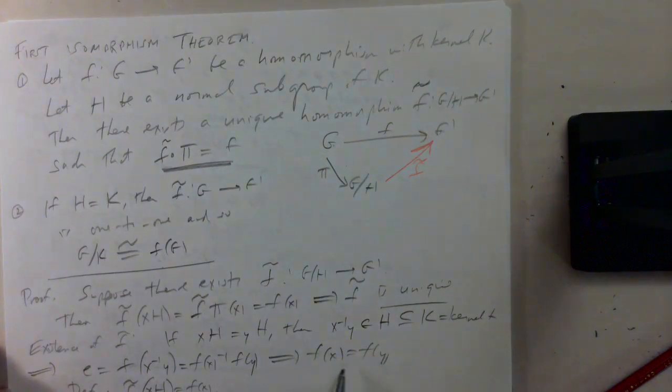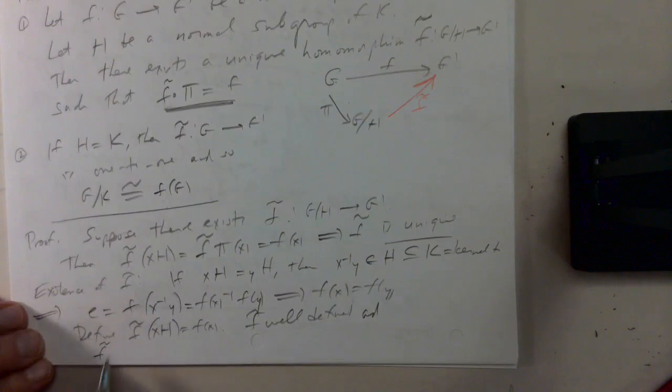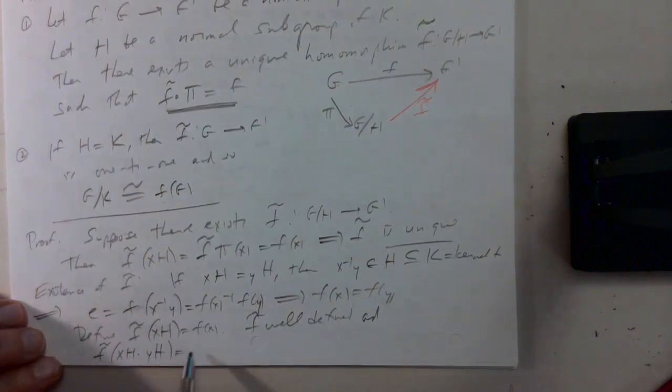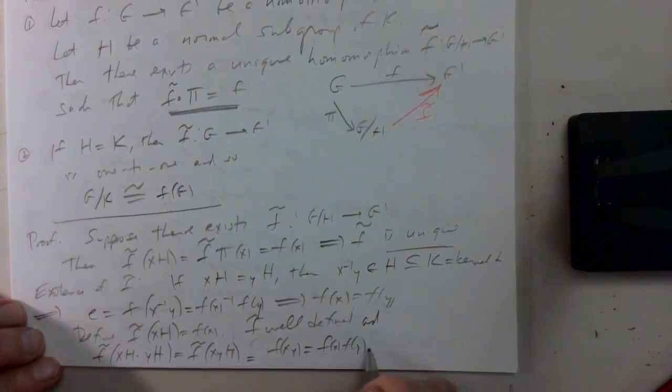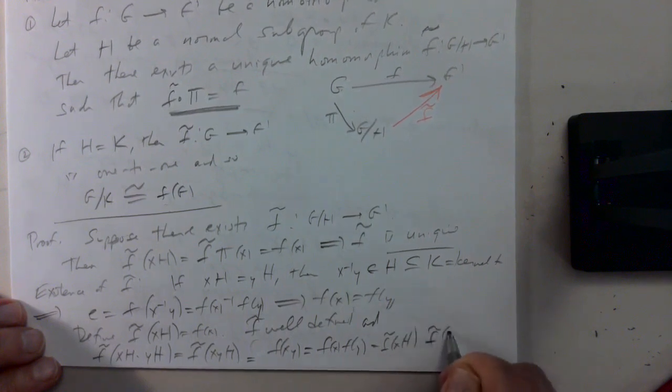So this fact says that this function f tilde is well defined, and f tilde of a product of two cosets, that's f tilde of the coset xyH, that's f of xy. f is a homomorphism, so that's f of x, f of y, which means this is f tilde of xH, f tilde of yH.